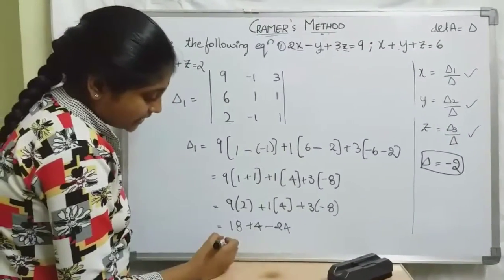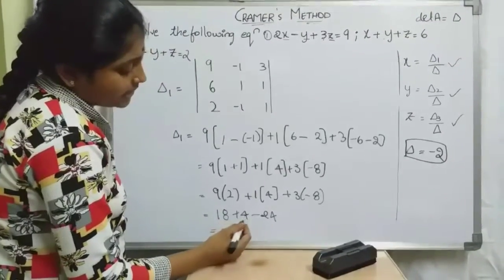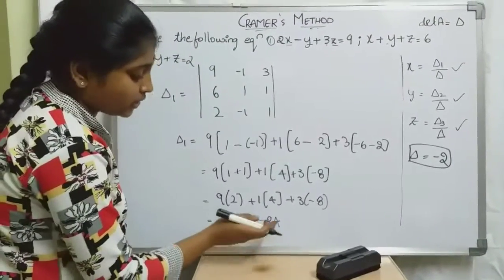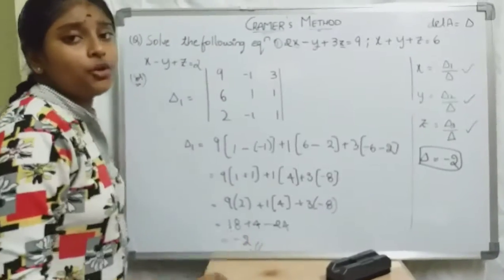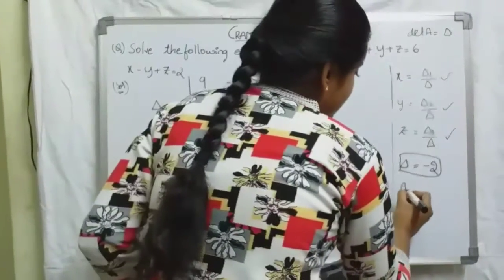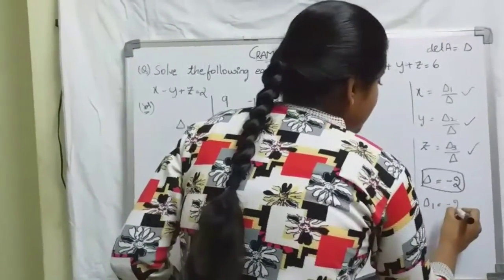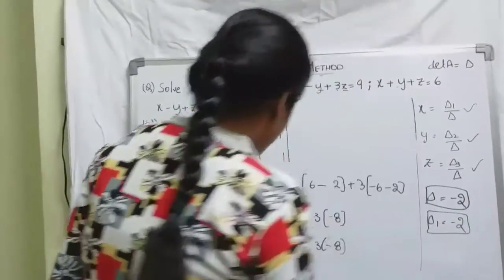So we will get minus 2. Okay. 18 plus 4 is 22, plus 22 minus 24. So the answer is minus 2. Now we got the delta 1 answer. That is delta 1 is equal to minus 2. It is also the same as delta. So it is minus 2.